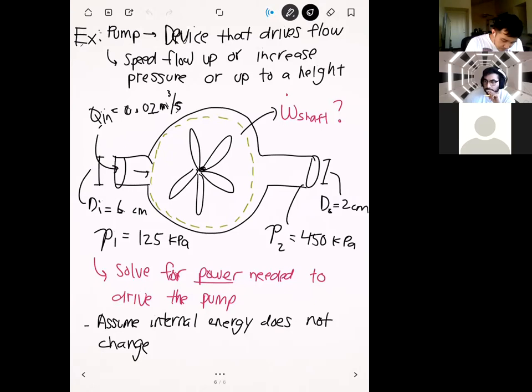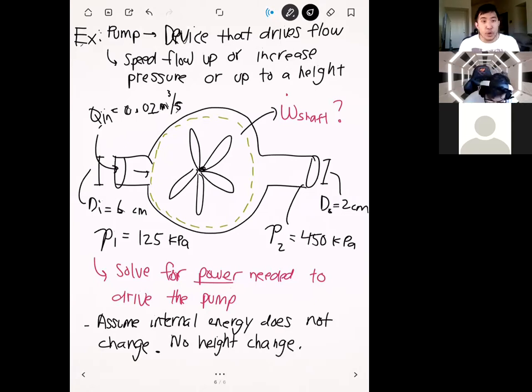Okay. And so the other thing that we'll assume, which is kind of given by the figure here, is that there's going to be no height change between the inlet and outlet as well. Okay. And so the potential energy term that we're going to have in our RTT is also no change, so we're not going to consider that.